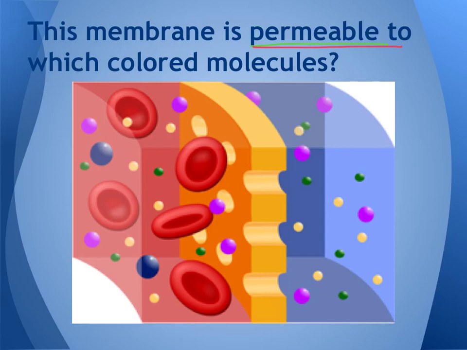Certainly the criteria here is size, and so we can imagine that the molecules that are small enough will be able to pass through. So I imagine, for example, this green molecule will be able to pass through, this purple molecule, this yellow molecule will be able to pass through. Certainly this red molecule will not be able to pass through, and maybe even not this bluish molecule.